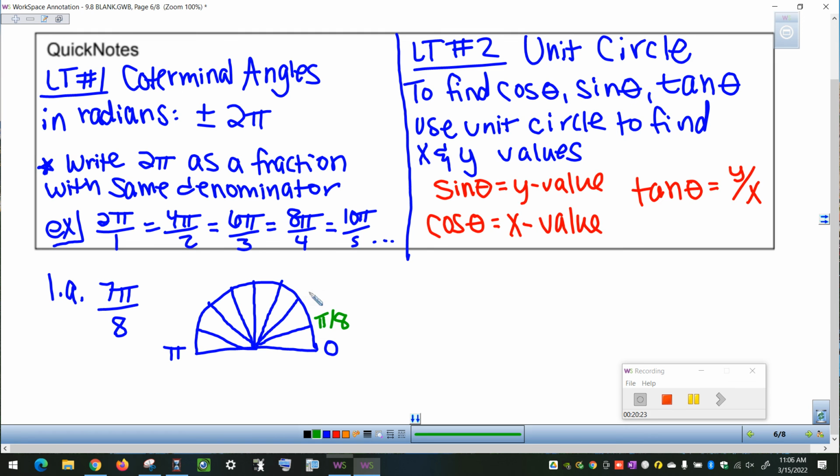And so if we keep counting upward, we see that 7 pi over 8 is going to be this label over here on the left. It's like the last little line right before we get to pi. So I wanted to give you a little guidance on that one. The other angle that it's having you draw should be familiar. It is one that's on the unit circle. So let's take a few minutes here to try out the rest of those questions in the check for understanding.